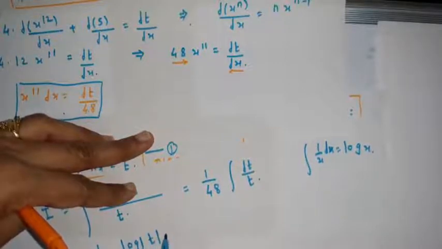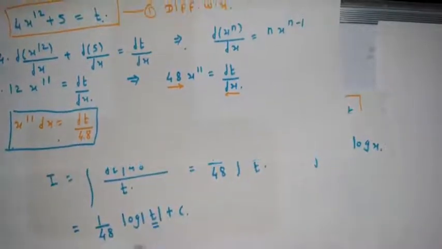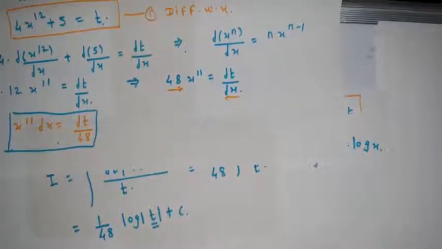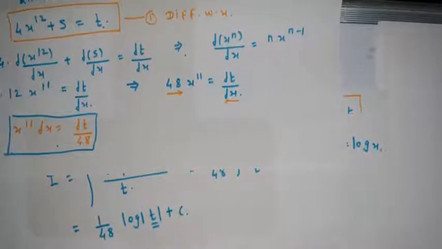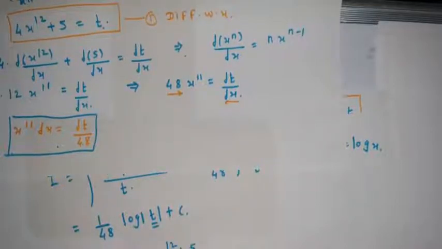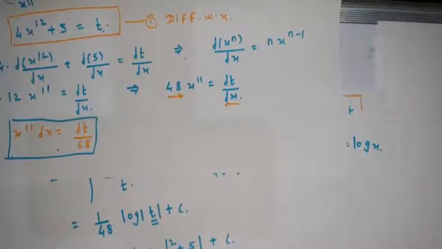Okay students, plus constant of integration c. Resubstitute the value of t, and hence integration I equal to 1 upon 48 log of 4x raised to 12 plus 5 plus constant of integration c, and in this way we have to solve the problems.